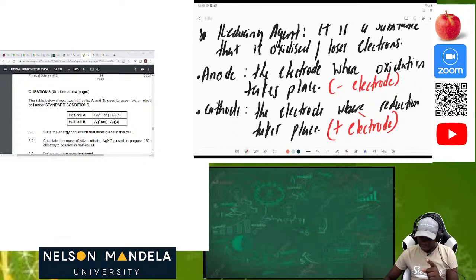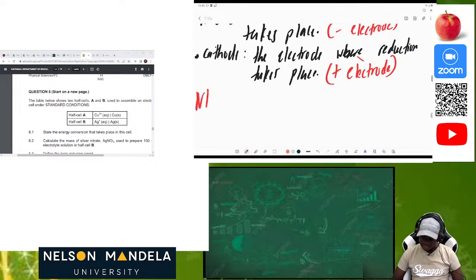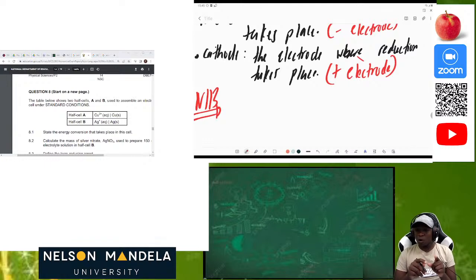And bear in mind, let me write this as a note, NB: the flow of electrons in a galvanic cell is from the anode to the cathode. So when we say oxidation in terms of electron transfer is the loss of electrons, why is it the loss of electrons? Because all the electrons on the anode are transferred to the cathode, which is positive.